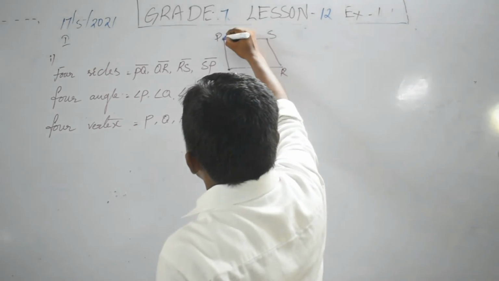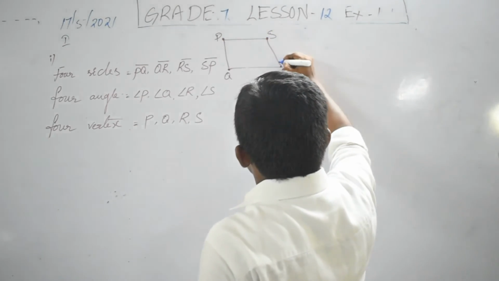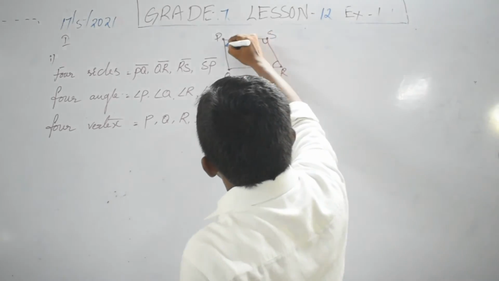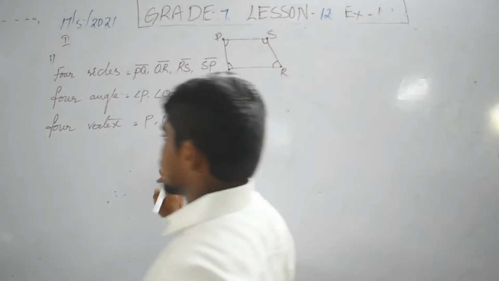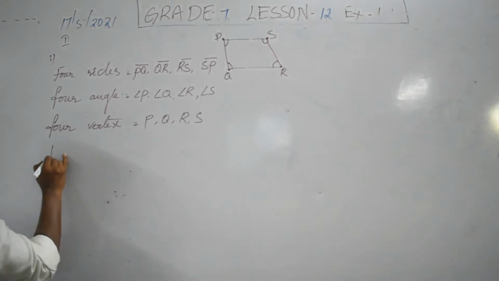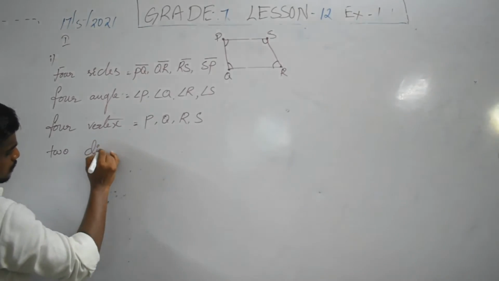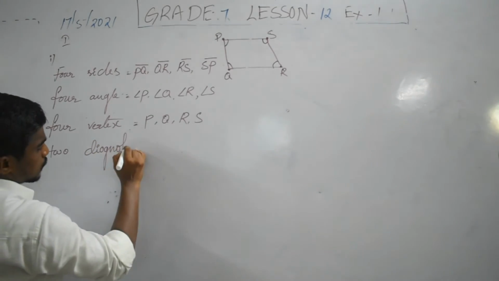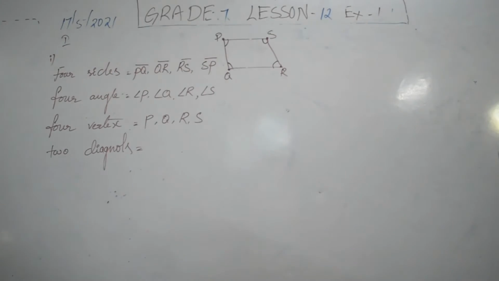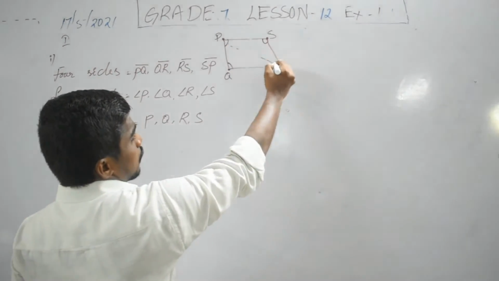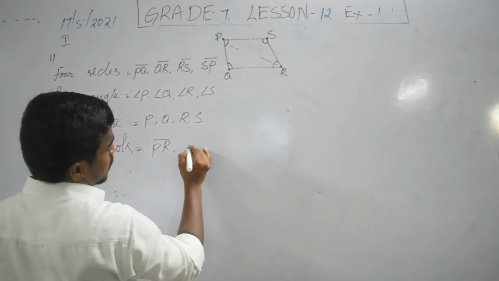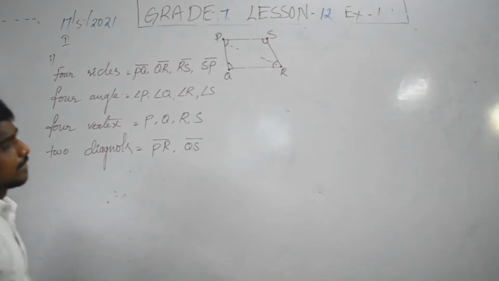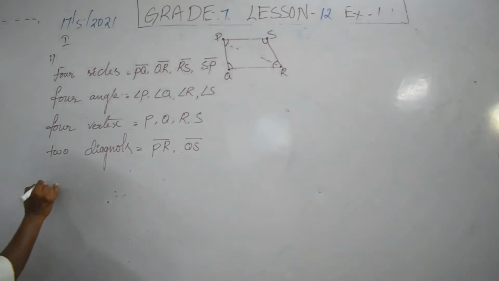This is vertex, this is angle. Angle P, vertex P. Next, diagonals. 2 diagonals. What are they? PR one diagonal. Next QS one diagonal.